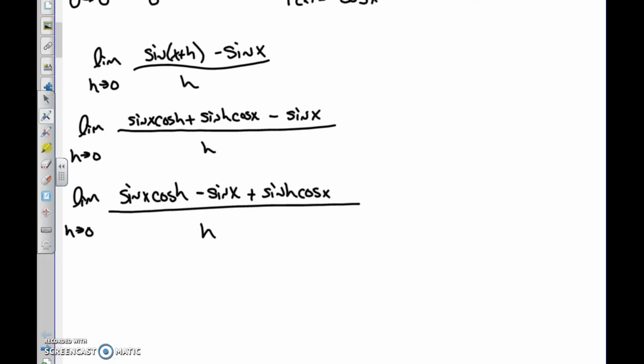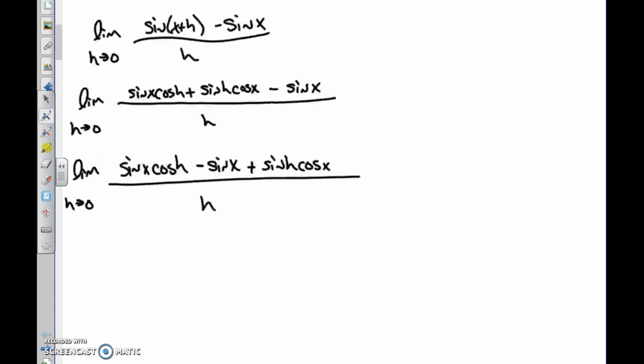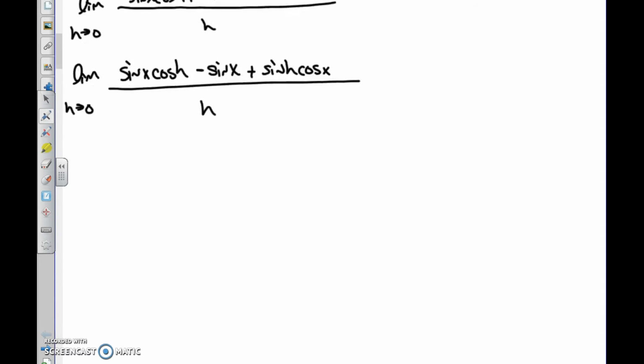And the reason why I'm going to do this is because now you can see we can break this down back to individual fractions. So I still write the limit as h approaches 0 of sine of x cosine of h all over h.